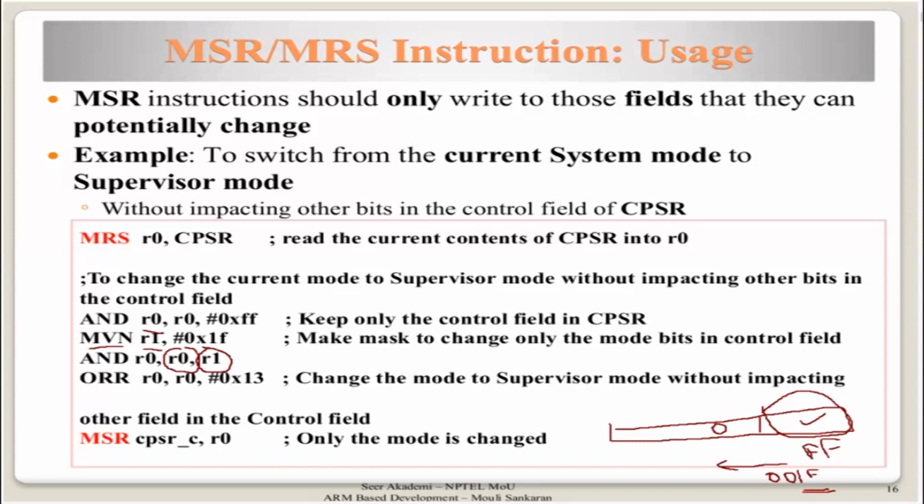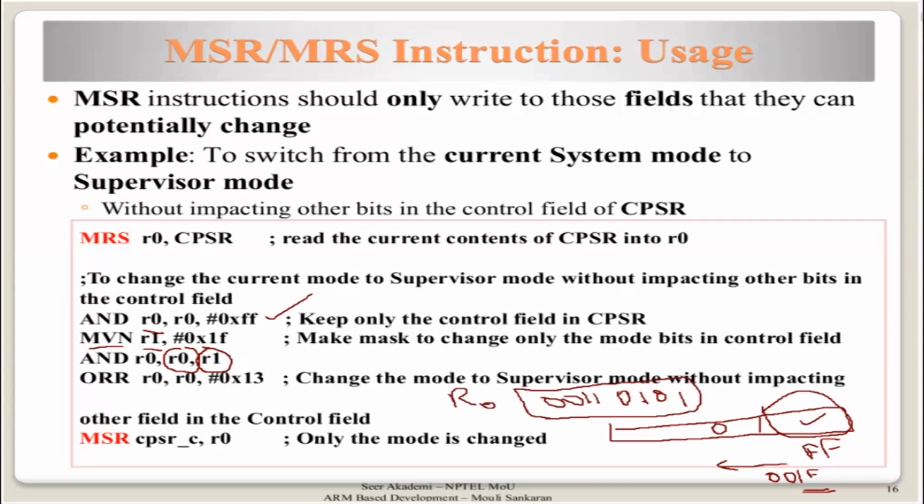So what you see in R0 will be this: assume that you have read this value, and these 8 bits were read from CPSR. After this operation, this is what you have in R0.